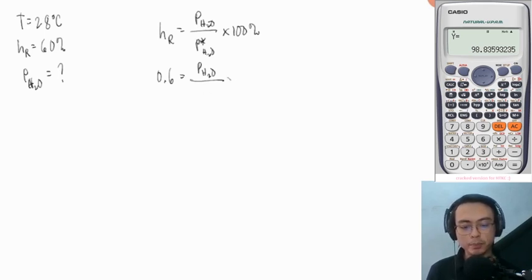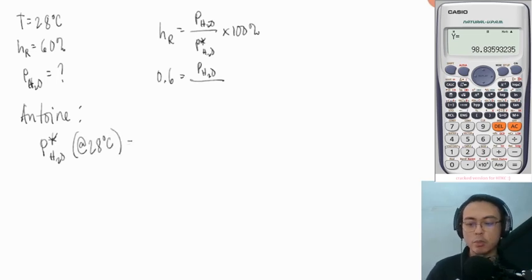So what do we use? The Antoine equation. So you see, you're always using the Antoine equation. So practice using the Antoine equation. For the Antoine equation, we're given the temperature and we're looking for the vapor pressure. So vapor pressure of water at 28 degrees Celsius. So let me go back to the Antoine equation.